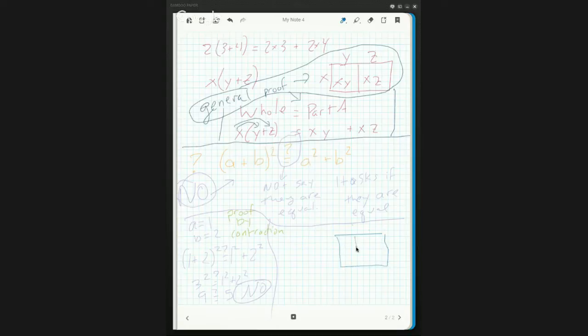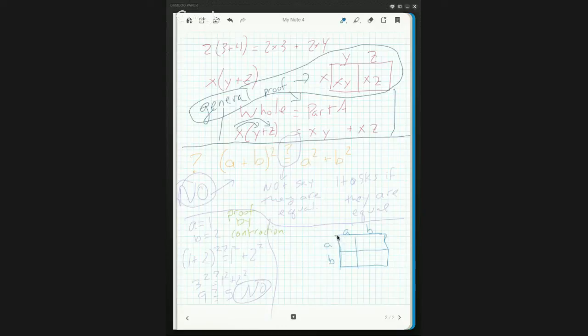So we're going to make one rectangle with one side that's A and B and another side that's A and B. So what is the width of this rectangle?